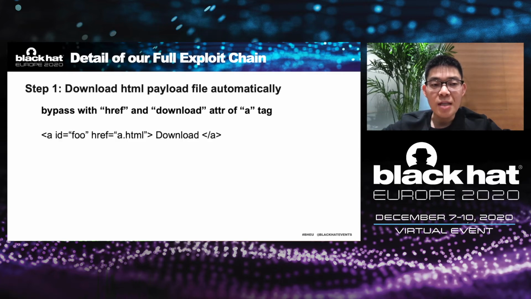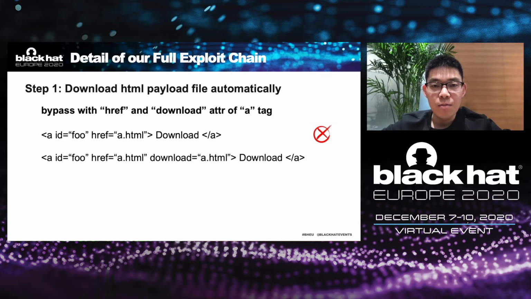We found that in this way, Chrome will open the .html file directly. So this way is not okay for us. In the second way, Chrome will download an MHTML file, removing the JavaScript code from the original HTML file. So this way also fails.